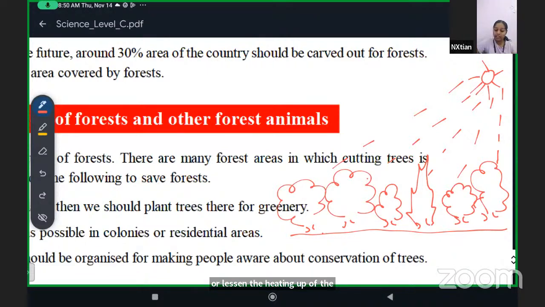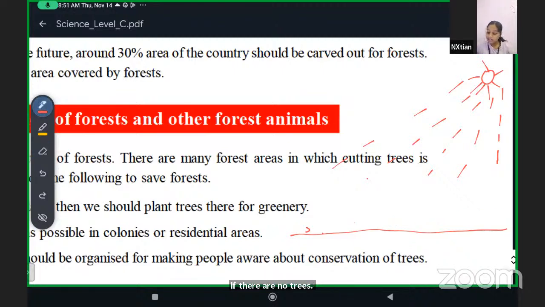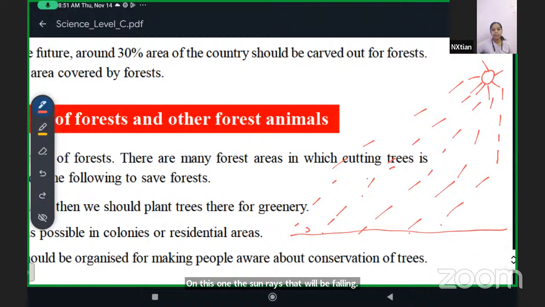Okay, if there are no trees on this land, the sun rays are directly falling on the ground, which will make it heated up. Okay. Now my land is heated up. And my soil is also not held because of the trees. So soil erosion comes, my soil flows. Water comes, flood comes, my soil will flow away. Wind comes, my soil will fly away.